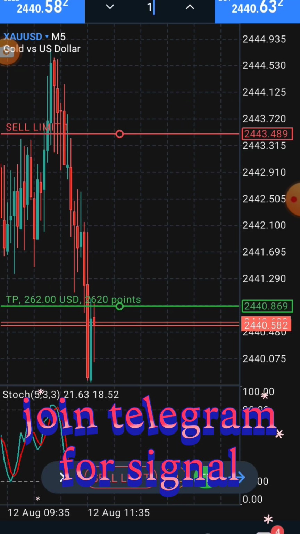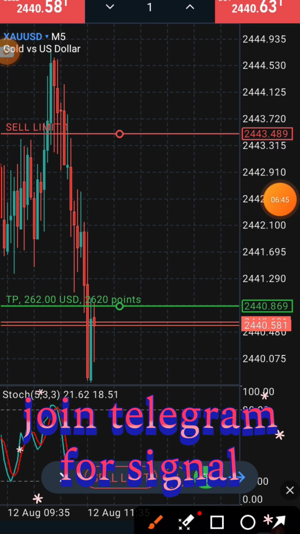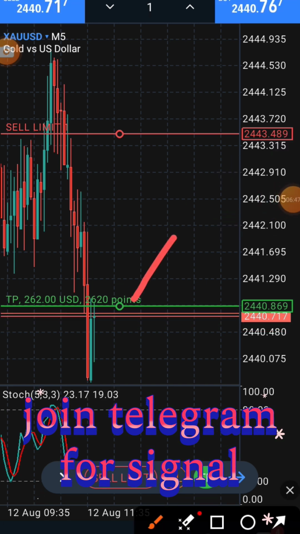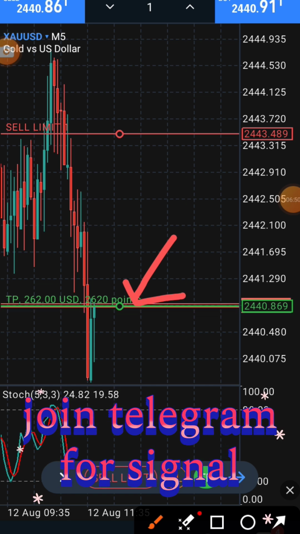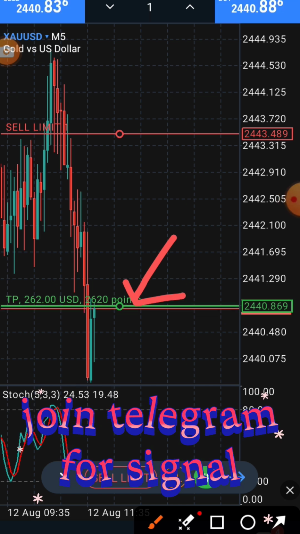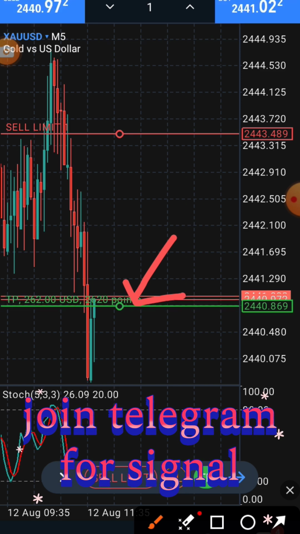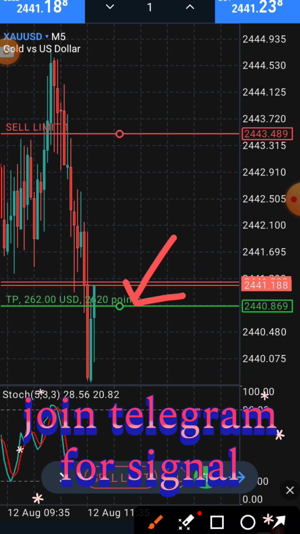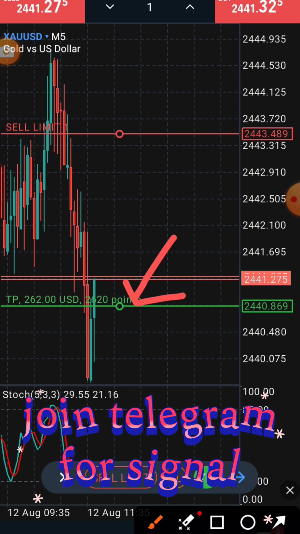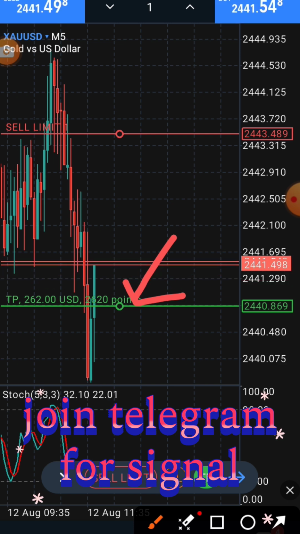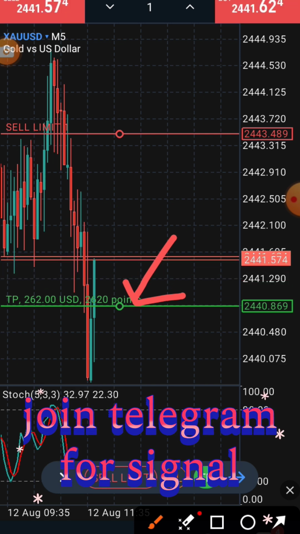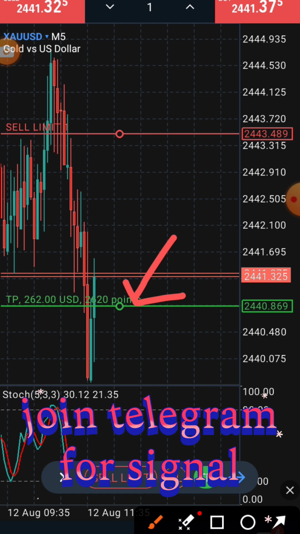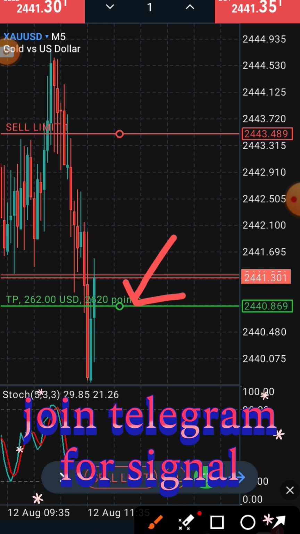If you take one standard lot size, you can see the profit is 2620, which means our profit is 26 pips. Our profit is 26 pips, but we have taken one lot, that's why its profit is 2620.